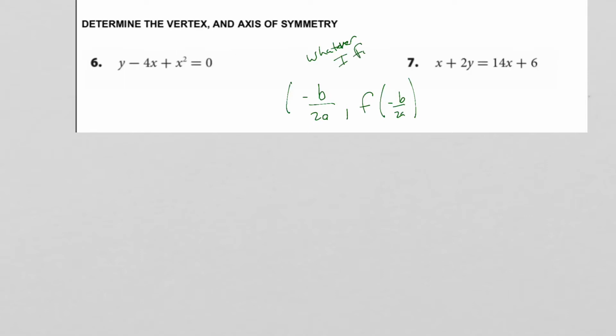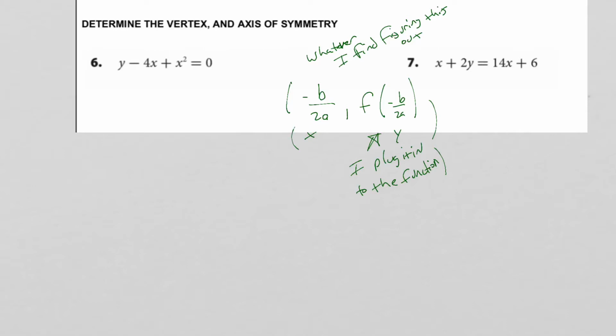whatever I find figuring this out, I plug it into the function, and that gives me the y value, right? This is going to be our x value, and this is going to be the y value of our eventual vertex.